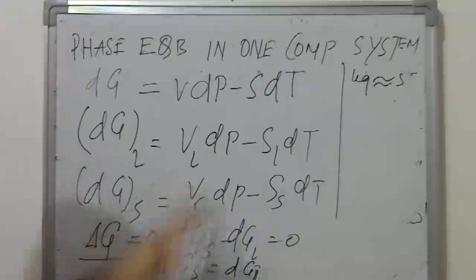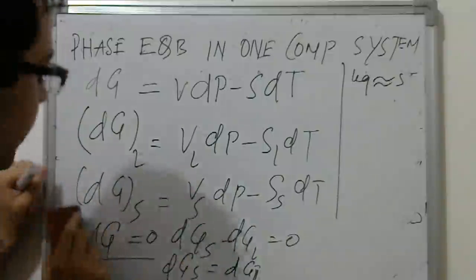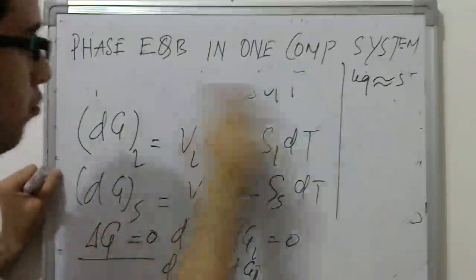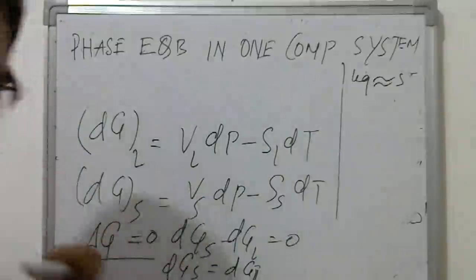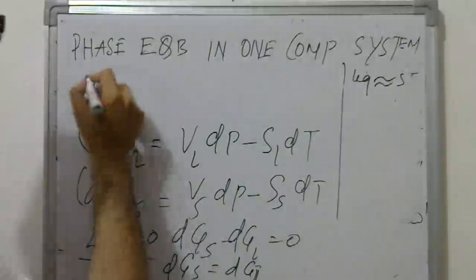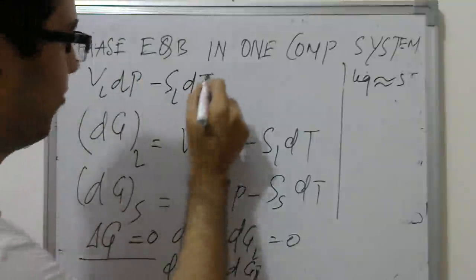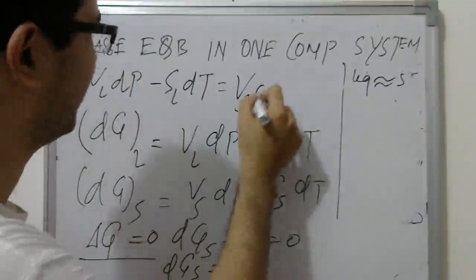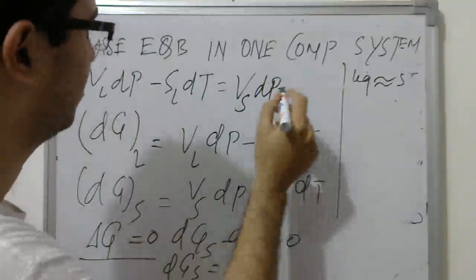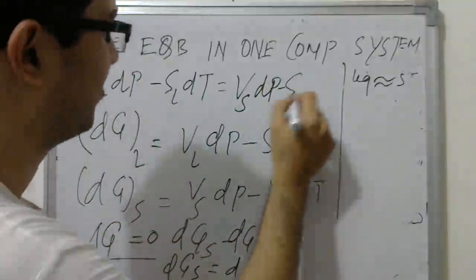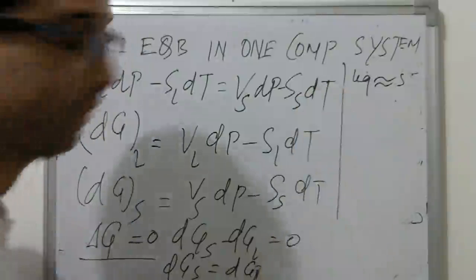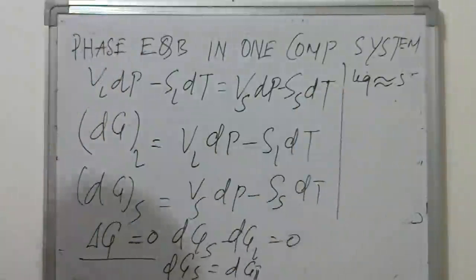If I equate the change in free energy for both systems, V liquid dP minus S liquid dT is equal to V solid dP minus S solid dT.